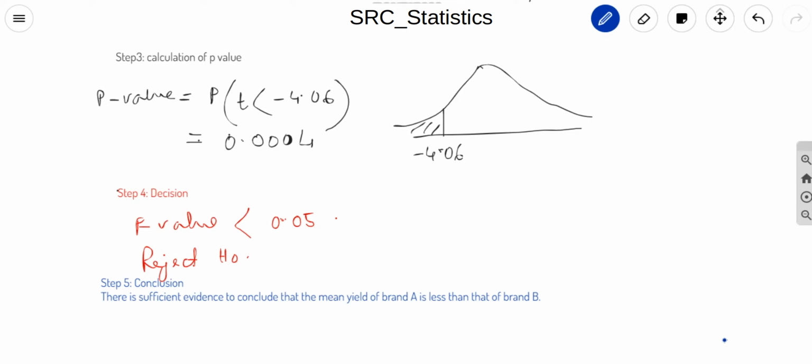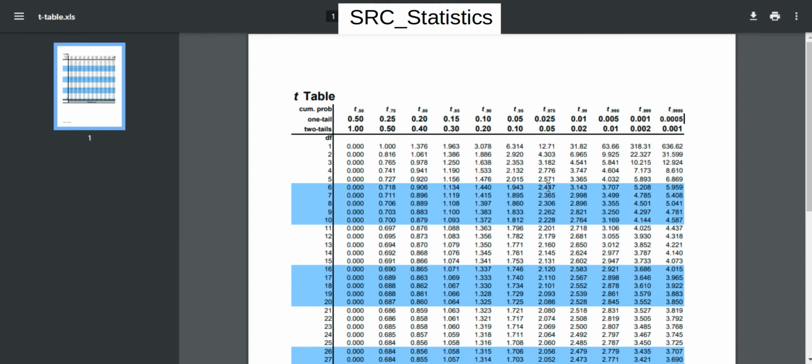Now I shall show you how to get the critical values from the t table. Okay. For the first part of the problem, we had our significance level as alpha equal to 0.05 and degrees of freedom 18. Okay. So here we can choose the two tail alpha equal to 0.05. Okay.